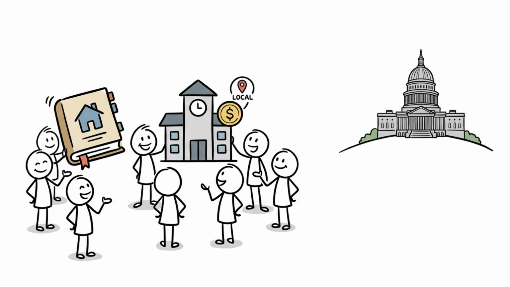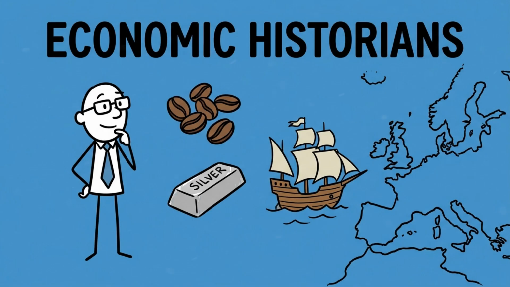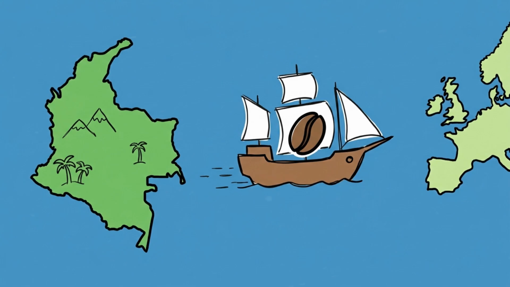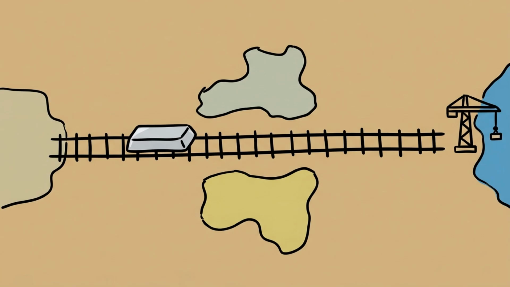Economic historians studying the region point out that even after independence, each new country's economy tended to connect more strongly to Europe or the United States than to its neighbors. Coffee from Colombia sailed to European ports. Silver from Mexico moved along trade routes built for colonial extraction, not regional integration.